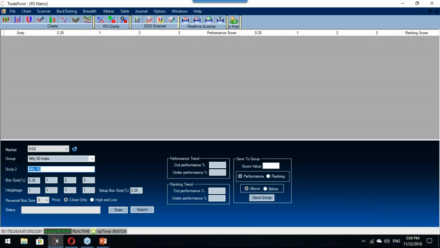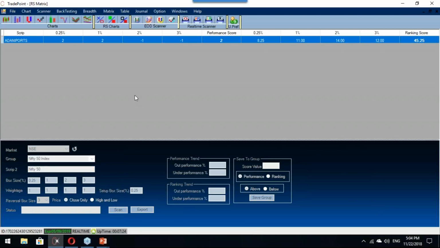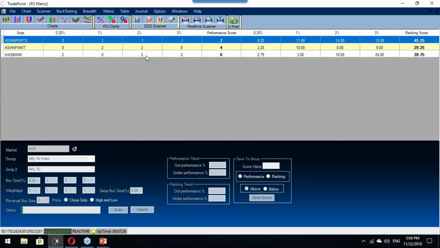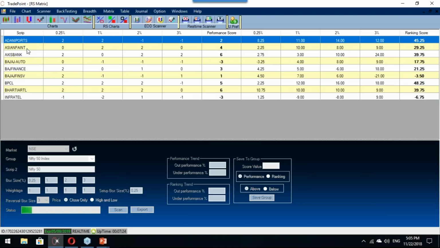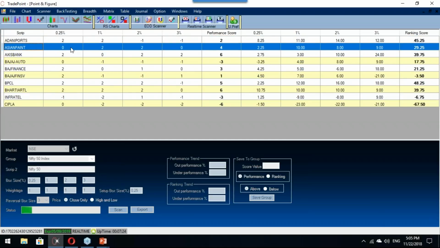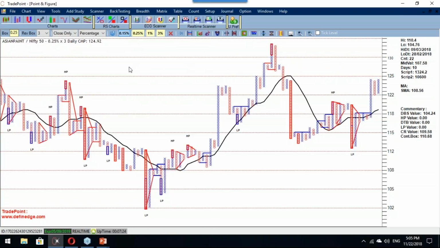What I'm trying to do is identify which stocks from the Nifty 50 index are doing better or worse. I'm trying to benchmark Nifty constituents versus the Nifty. So what the software is doing here is assigning the scores based on this ratio chart. The logic, everything is the same, but the only difference is we are looking at this chart and trying to assign a score.